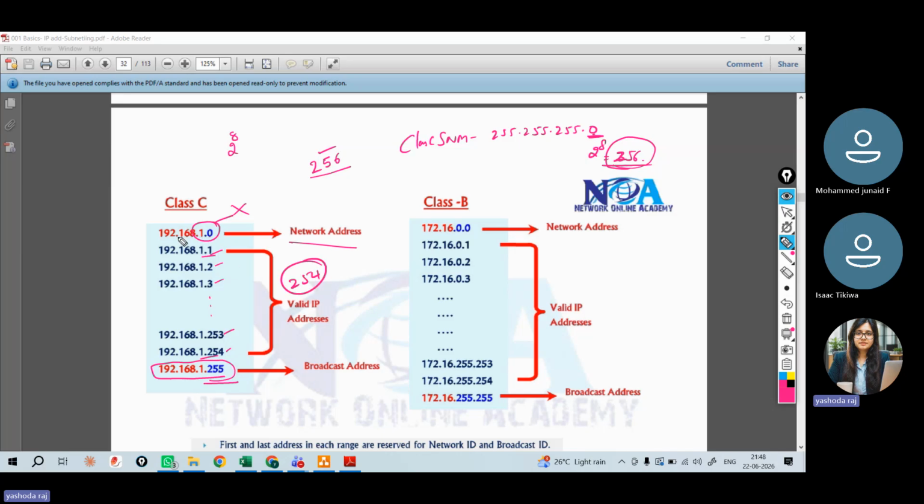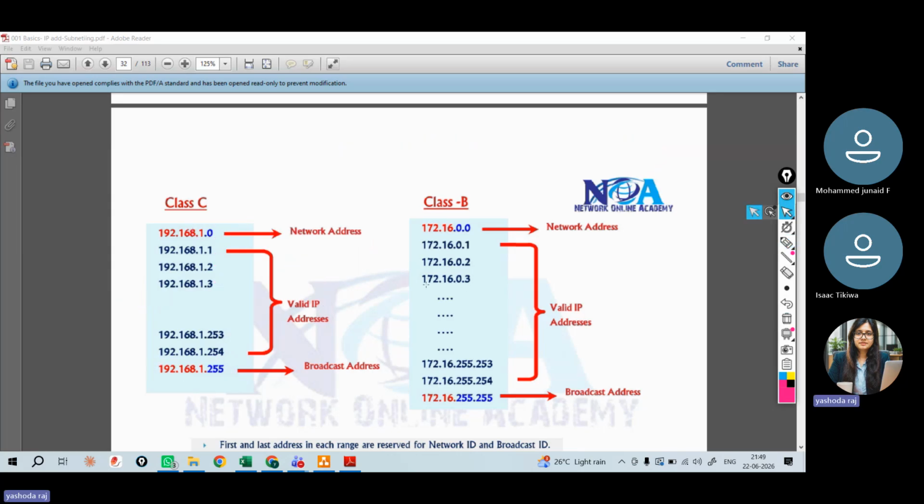Out of 256, how many IP addresses are we not using? Two: the first address and the last IP address. 256 minus 2 gives 254. This 254 is the valid IP addresses. Clear? Now you need to understand what a network address and a broadcast address are.